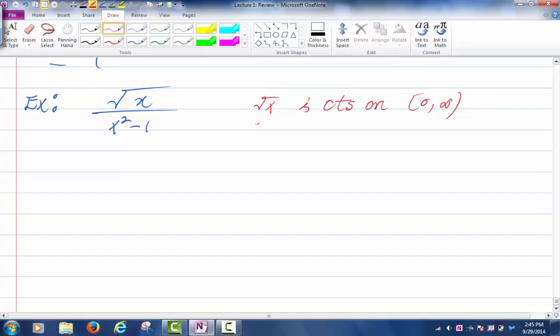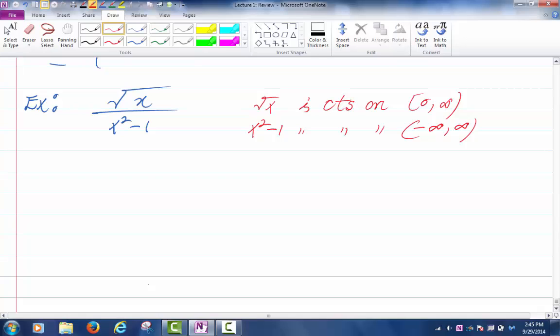The denominator is continuous where? By itself, the denominator is continuous everywhere, right? However, together, I should only consider the positive values of x, because the numerator is only continuous from 0 to infinity.